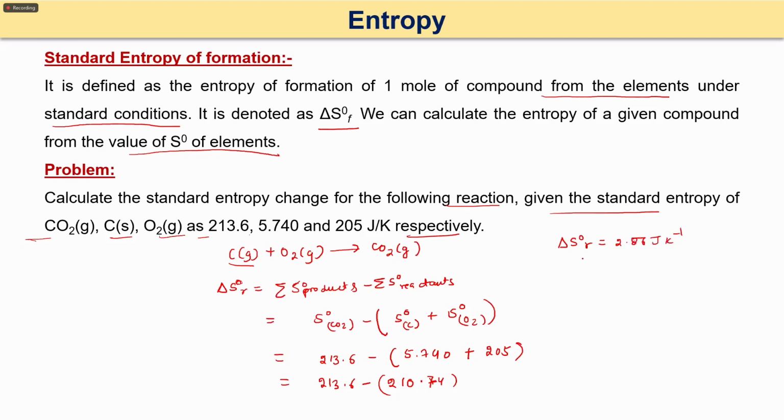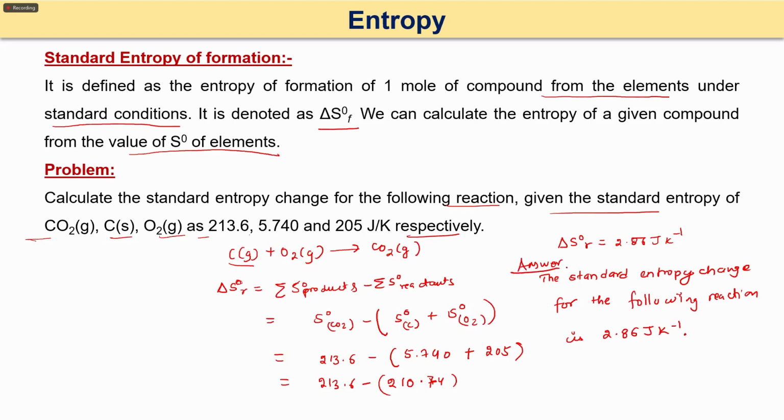So the standard entropy change for the following reaction is 2.86 joule per Kelvin. So this is your answer. Okay.